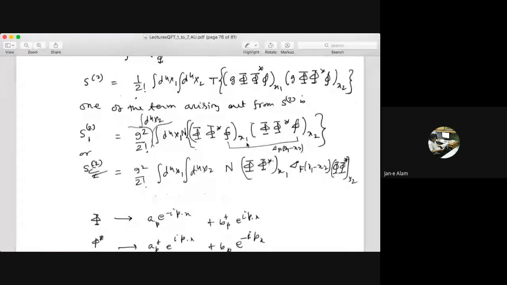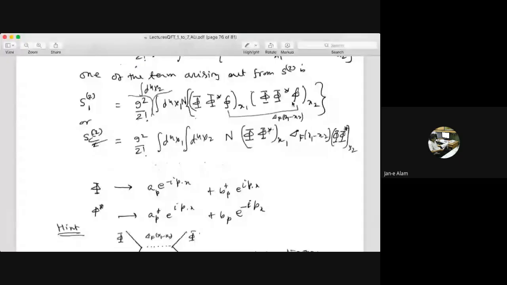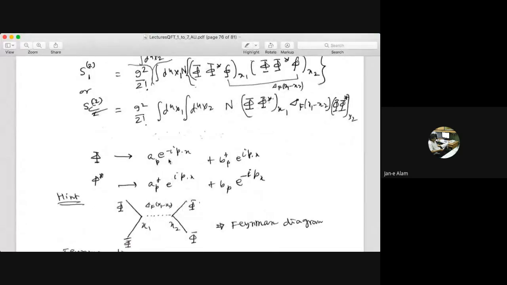But you should know that from these second order terms in the scattering matrix, the time ordered product gives me the normal ordering and possible contraction, and that possible contraction gave me a propagator which is propagating from x1 to x2, and these are the other two fields which are giving me all the possibilities of creation or annihilation of particle at x1. It will take it to x2, and again some particle-antiparticle pair will be created. So this is one of the possible processes.